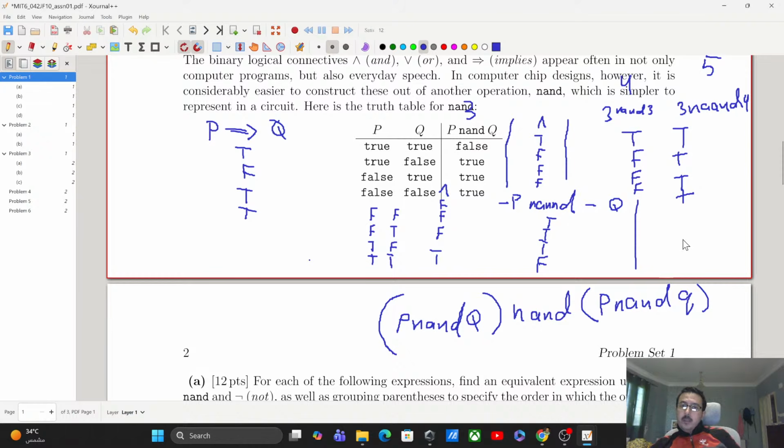Here is, if we take this, here is going to be false, true.